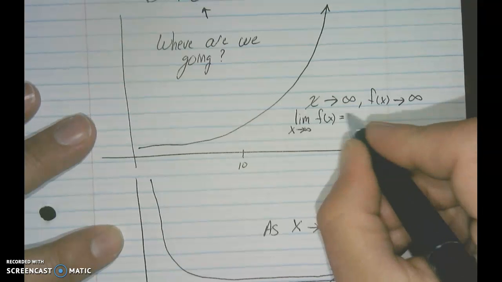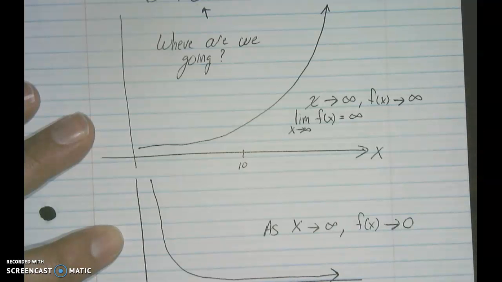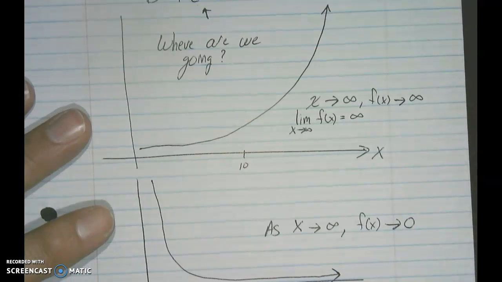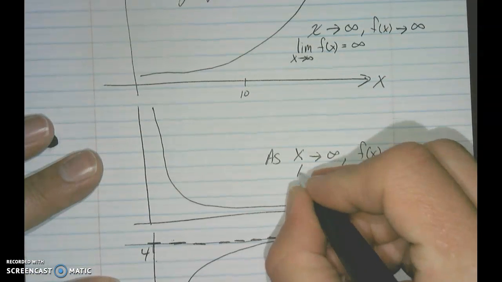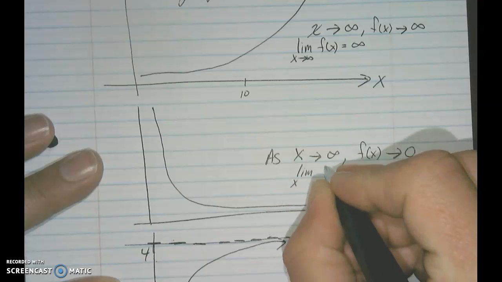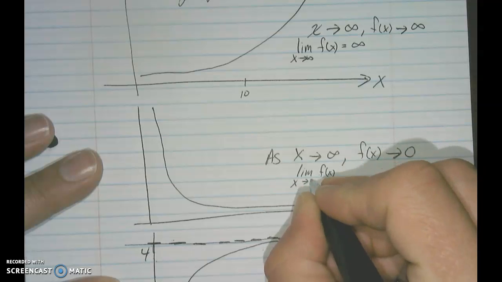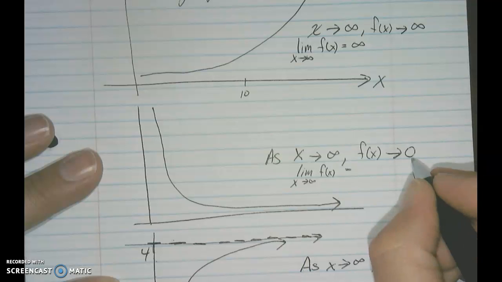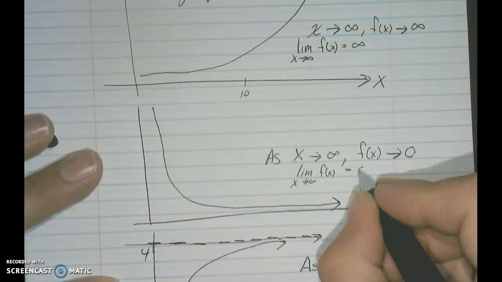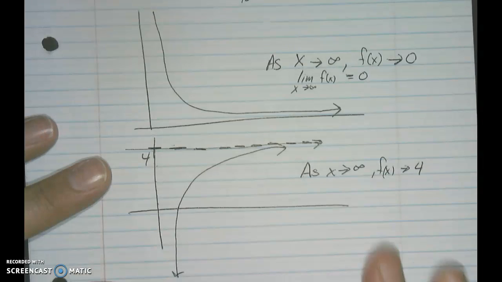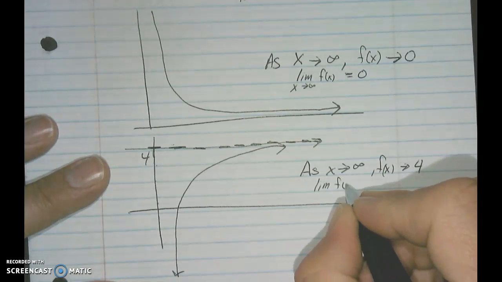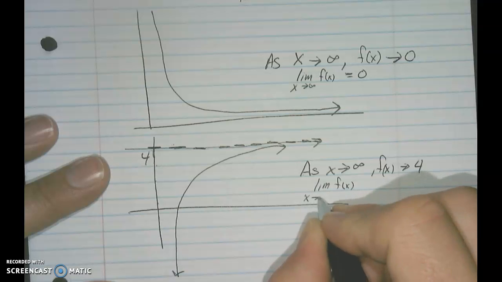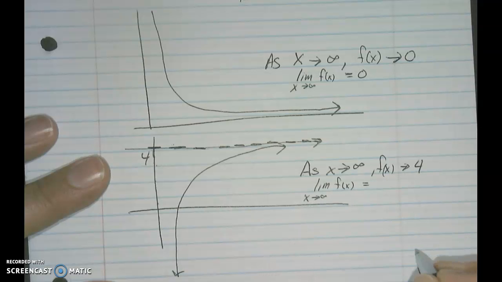Infinity. So the limit of f of x as x approaches infinity is infinity. Okay. So if I do the same thing here, the limit of f of x as x approaches infinity was 0. So the limit of f of x as x approaches infinity is equal to 4.